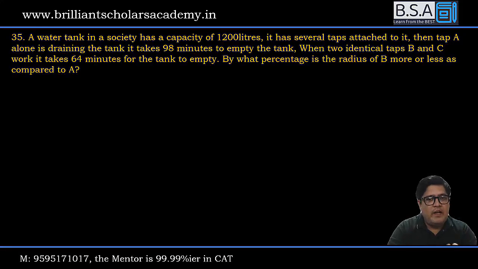What is required? Radius of the pipe. What information is given to you? You know the capacity of the tank. You know the time taken by the pipe to empty the tank. So how is time related to capacity? How is it related to the radius of the pipe? How are these variables connected?